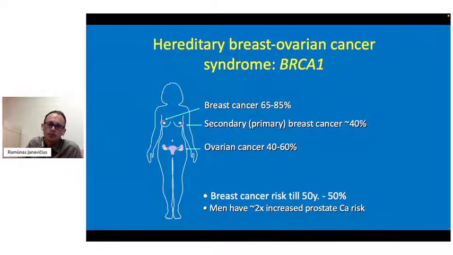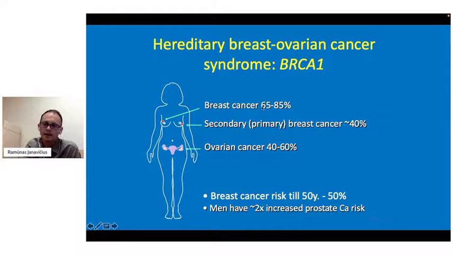BRCA1 gives about a 65 to 45% risk increase for female breast cancer. Also, about a 40% increase for secondary primary breast cancer. Also, about 50% for ovarian cancer.